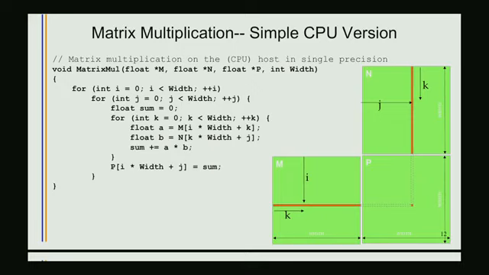And for any element of P that I want to calculate, let's say this element here, what I will do is take the corresponding row vector of M and the corresponding column vector of N and essentially compute the dot product to generate that element of P.